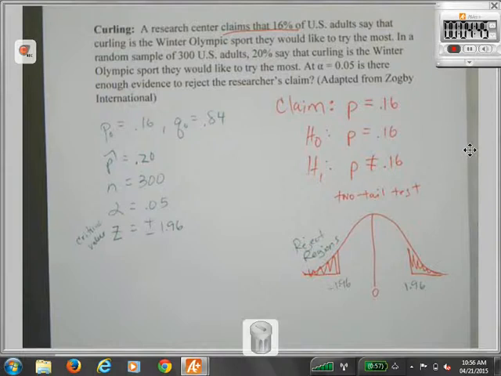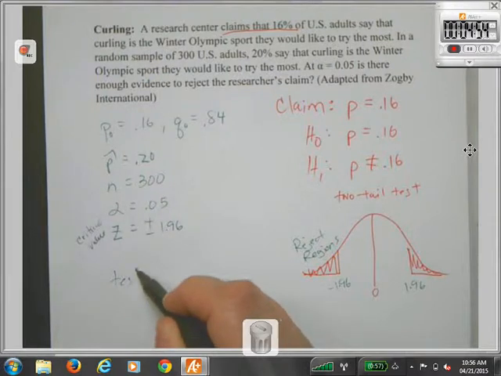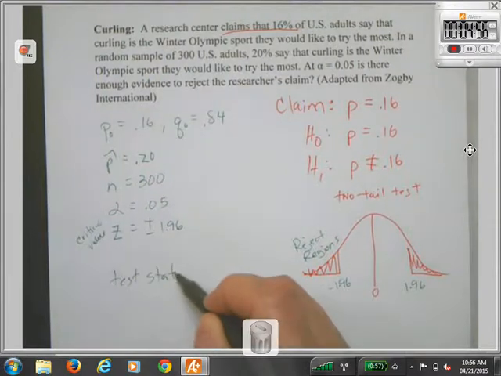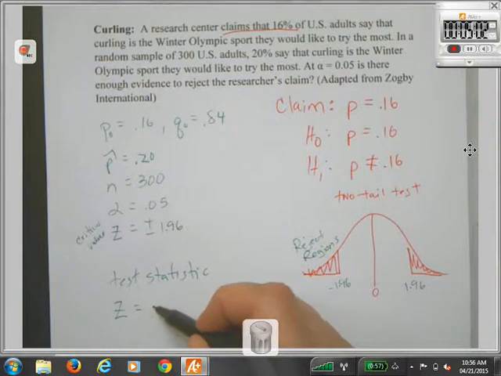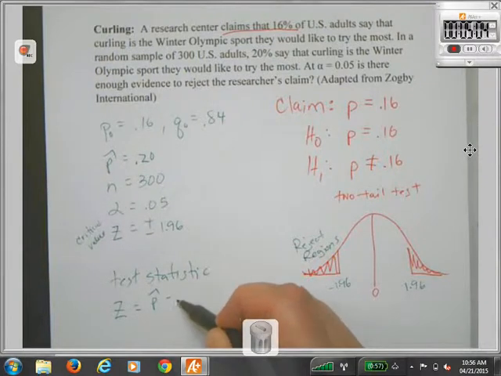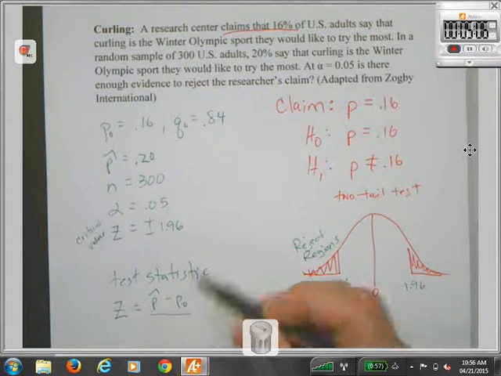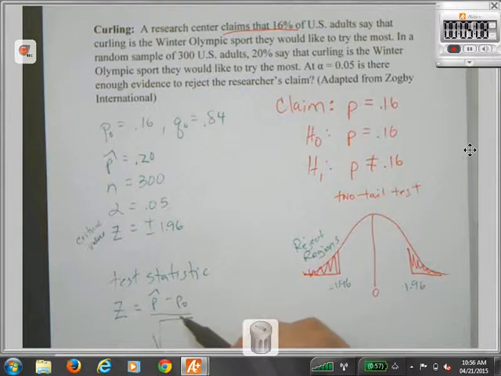All right, we've actually completed step 1 and step 2 now. Step 3 is the calculation. We are using a test statistic, z, and z will equal, I'll go ahead and write the formula here, P hat minus the P sub 0 over the square root of P sub 0 times Q sub 0 over n.